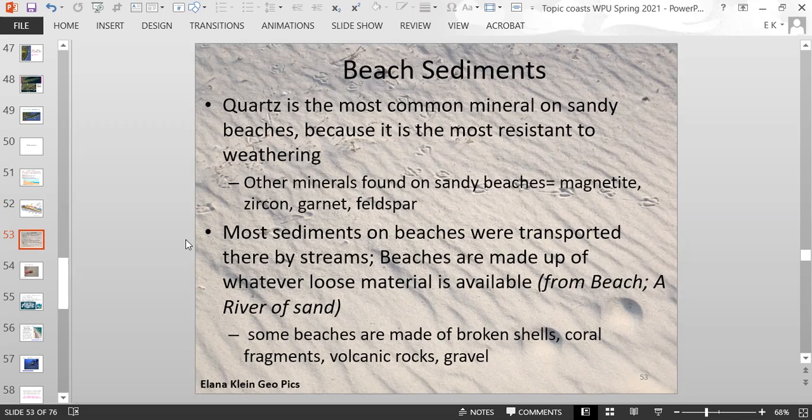Most sediments on beaches were transported there by streams, and beaches are made up of whatever loose material is available. So some beaches are going to be made of broken seashells, perhaps coral fragments, volcanic rocks, gravel. It just depends on where you are and what loose materials are available.